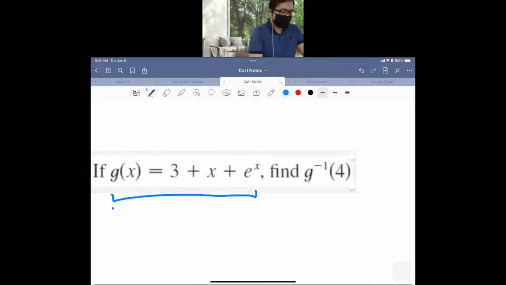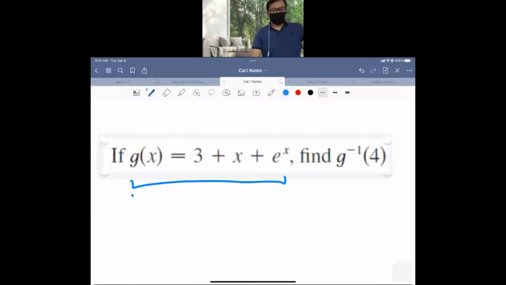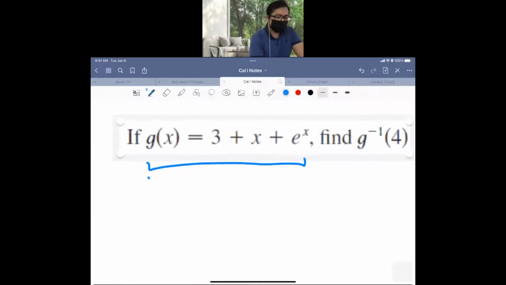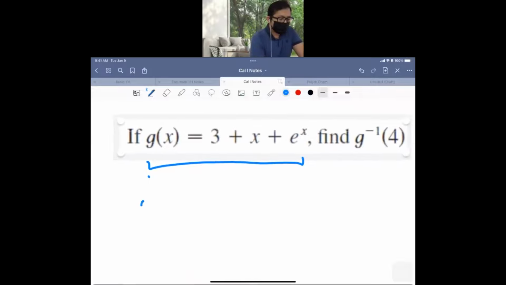So g of x is 3 plus x plus e with power of x. This is saying what x, when we plug into the function, will result in 4.